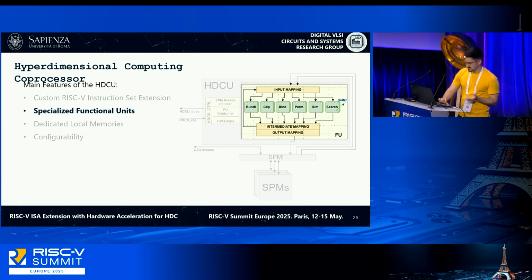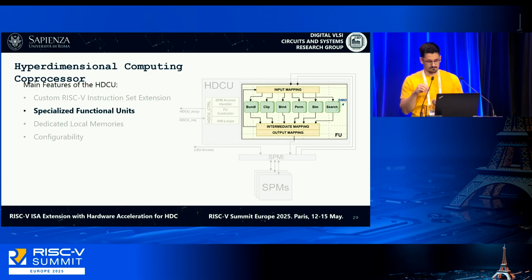Regardless of the parallelism level, the accelerator uses hardware loops to process hypervectors efficiently. This means that once the instruction is fetched, the corresponding unit keeps working until the entire hypervector is processed, without the need to refetch the same instruction over and over.